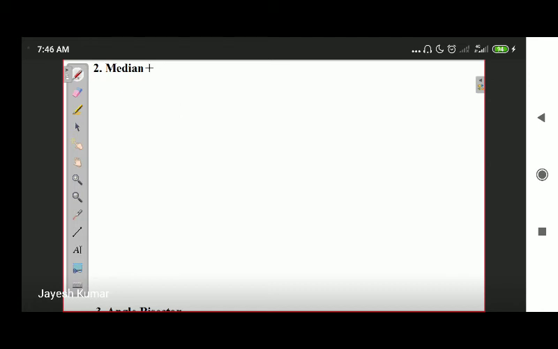So a median is a line from a vertex which bisects the opposite side. What does bisect mean?